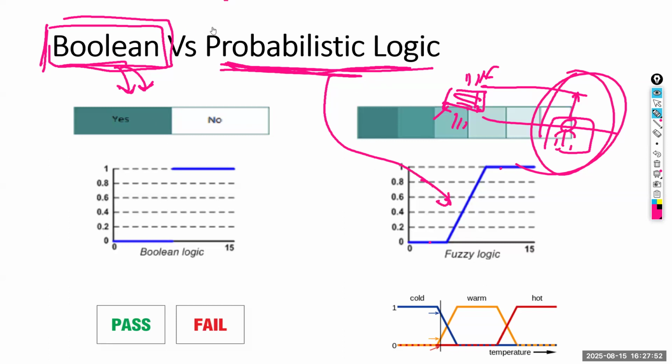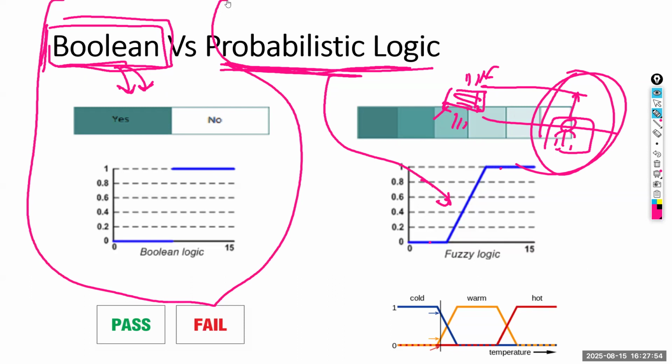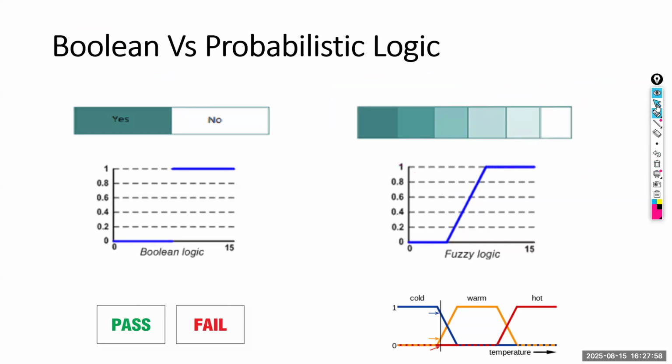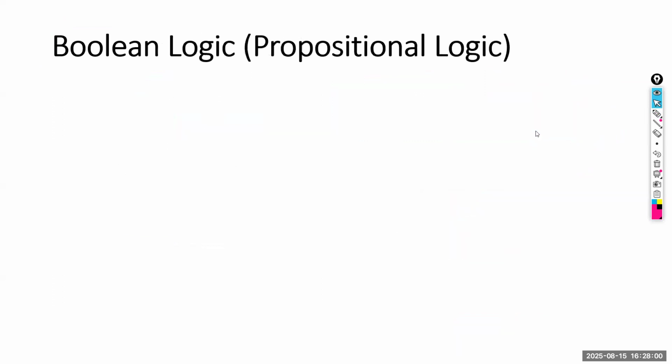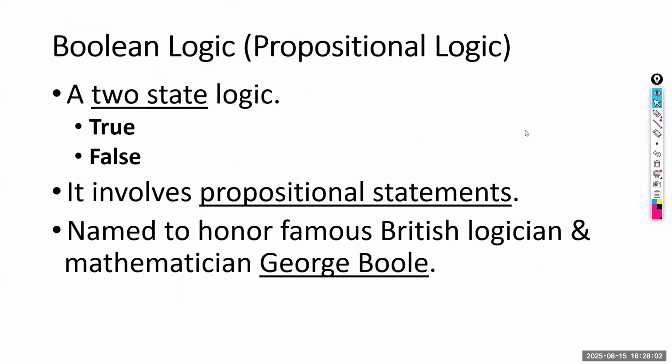But we are only interested in Boolean logic, or two-state logic. Another name for two-state logic or Boolean logic is propositional logic. So why do we call it propositional logic?